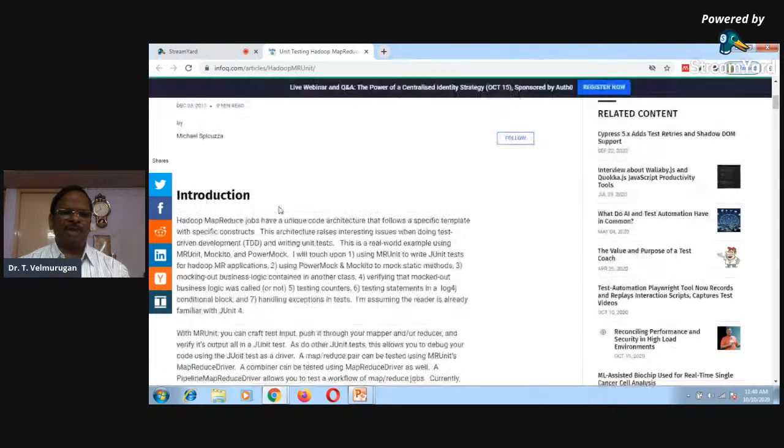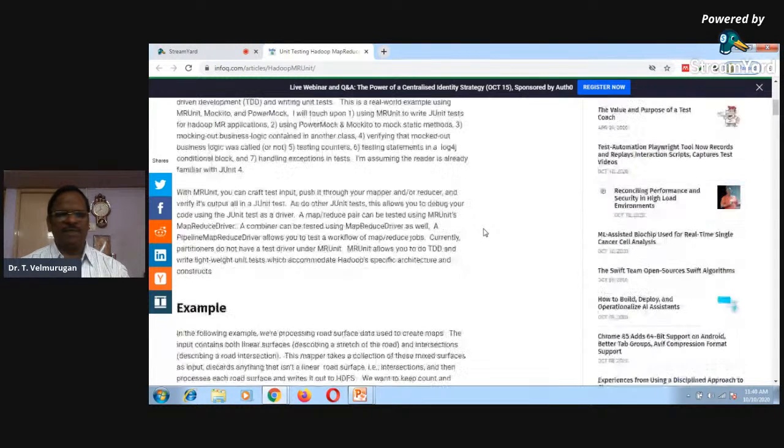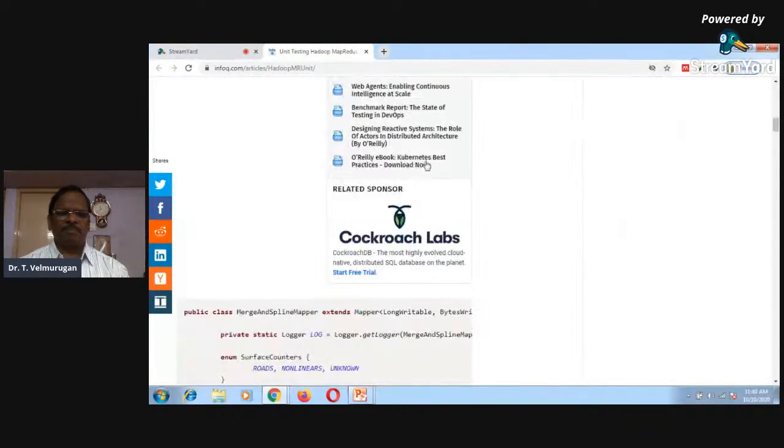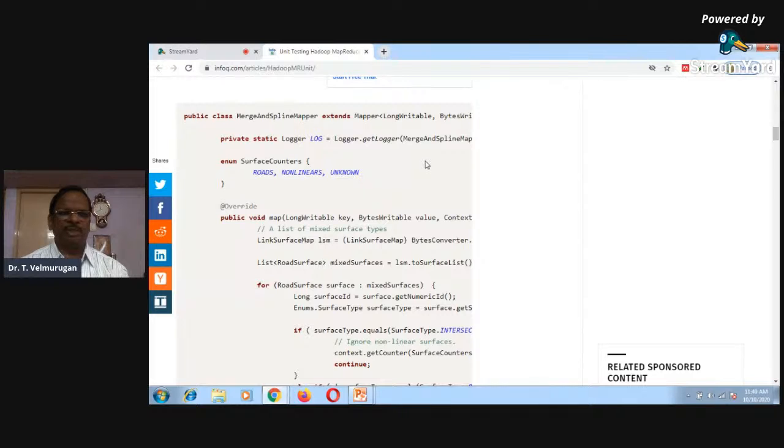Hadoop MapReduce jobs have a unique code architecture that follows a specific template, with which you can have the unit test. Everything is carried out. An example is given of how to conduct the unit test and how to write it.